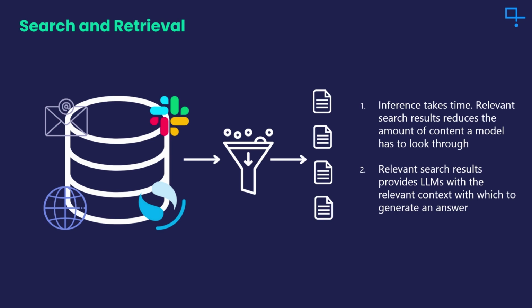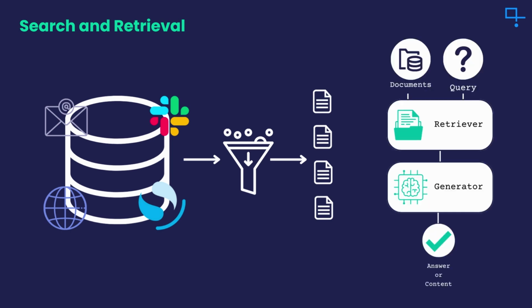So we have this layer of filtering where we can narrow down the number of documents. That means we're gaining inference time. And it also means, and I'm going to very briefly talk about this, although it's not going to be within the application I'm building, that we're able to give the most relevant information to a large language model so that it can answer the queries, but we don't have to necessarily retrain it.